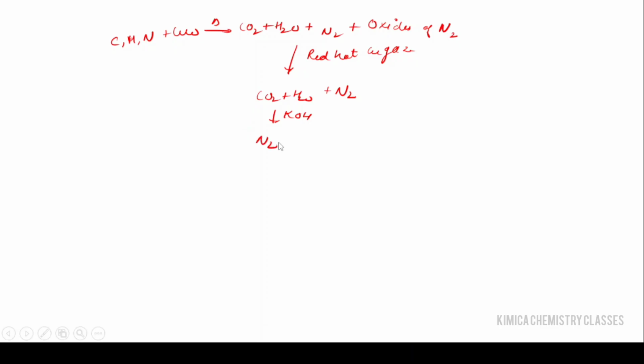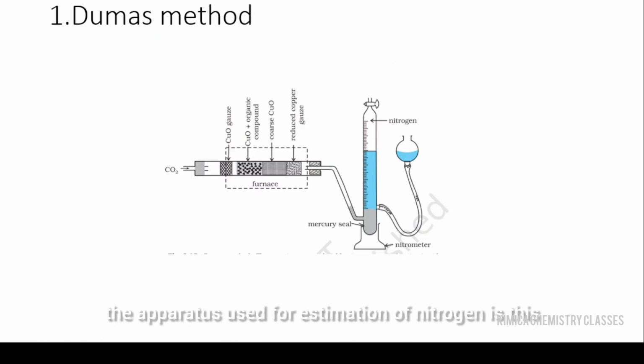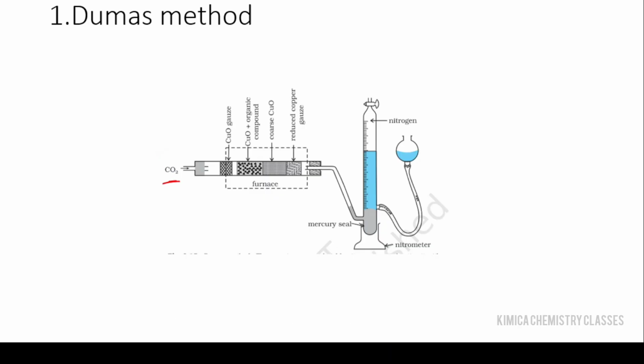So this is the Dumas method, and the apparatus used for estimation of nitrogen is this. This picture shows the Dumas method, and these pictures are taken from the NCERT, right? It consists of a carbon dioxide generator, as you can see here, a combustion tube, a glass tube of diameter 15 mm and length 90 centimeter.